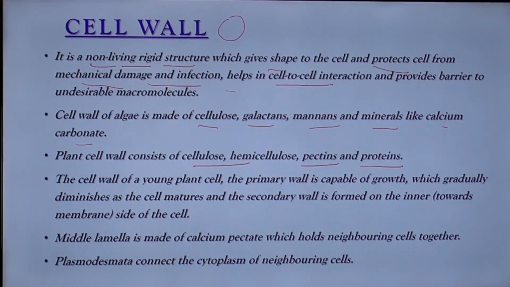So in algae it is made up of cellulose, galactans, mannans and minerals, and in plant cells it consists of cellulose, hemicellulose, pectins and proteins.